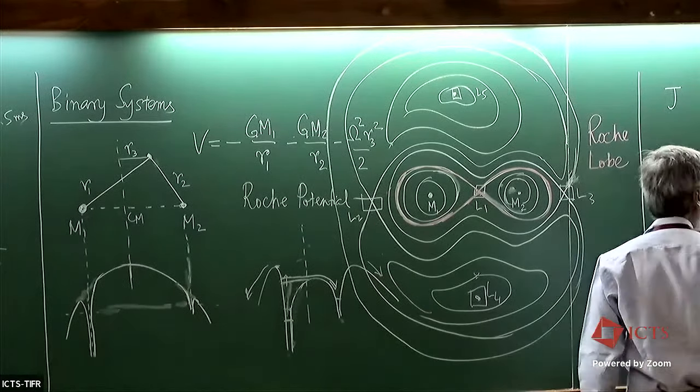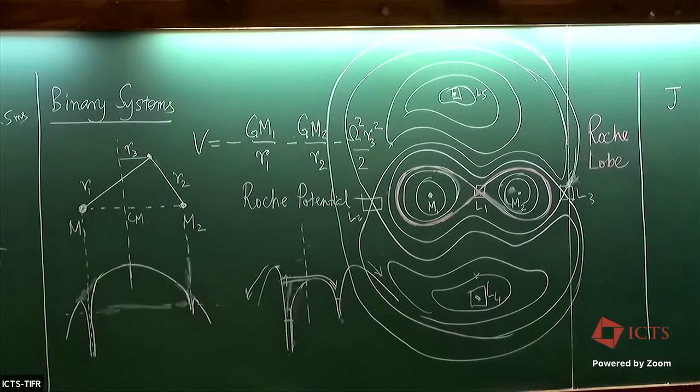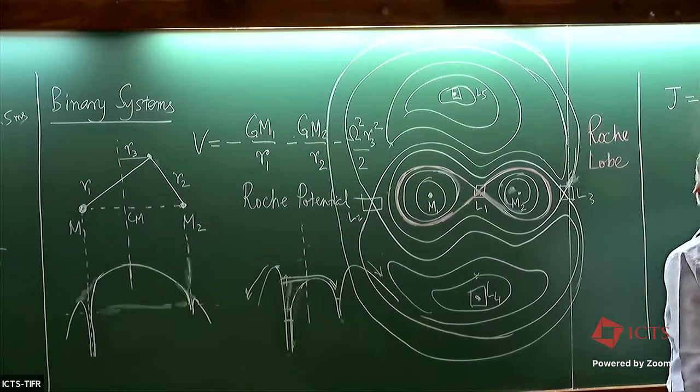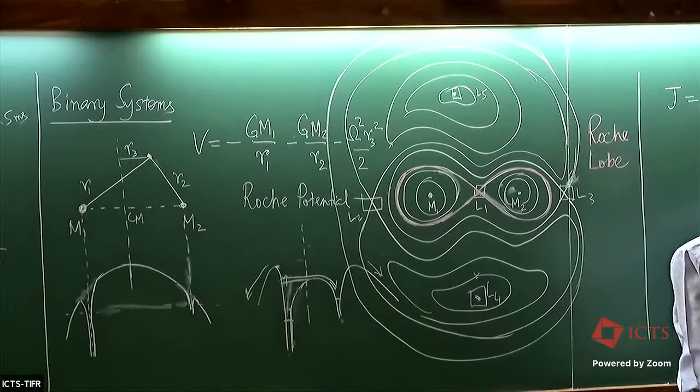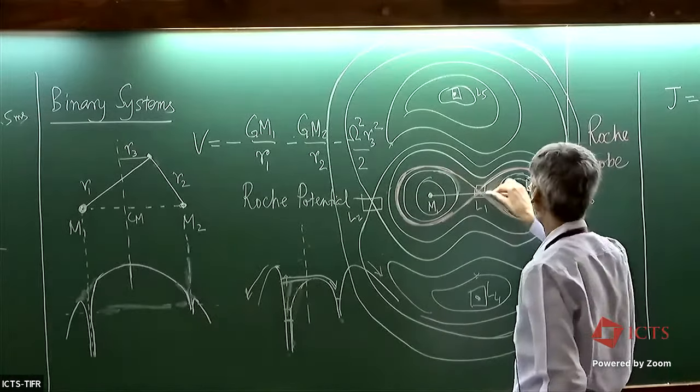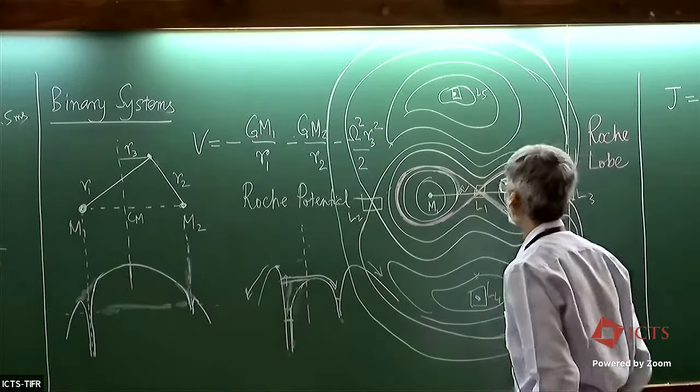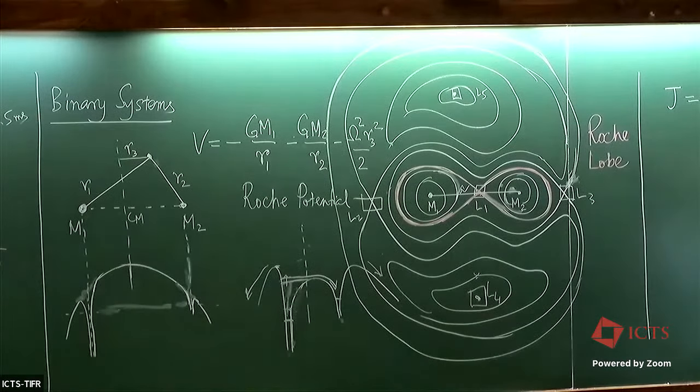The one quantity that we can write for a Keplerian system like this is the angular momentum in the orbit, which is given as m1 times m2 times square root of GA over M, where A is the separation, and square root of 1 minus e squared, if the orbit is eccentric.